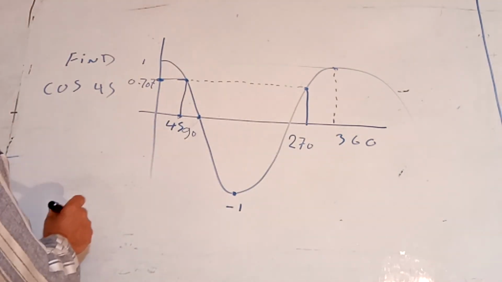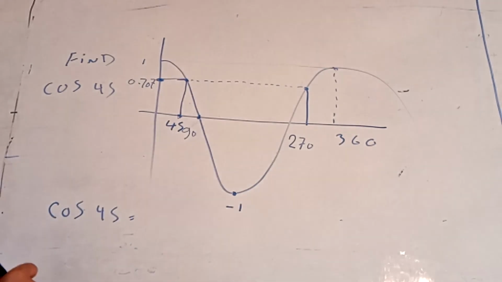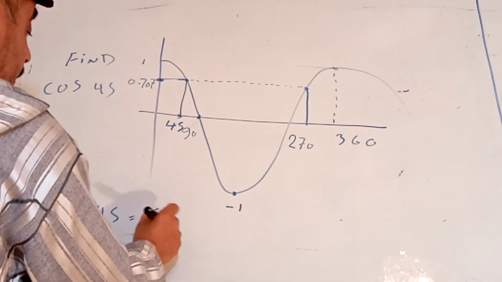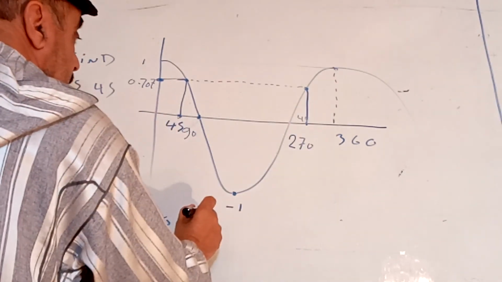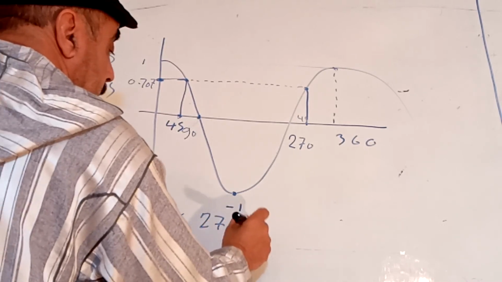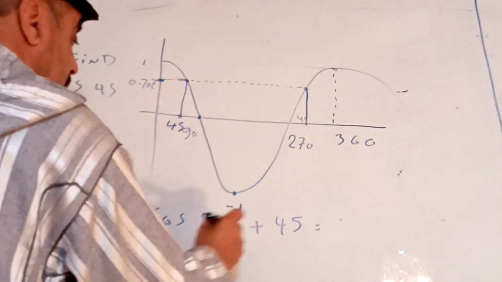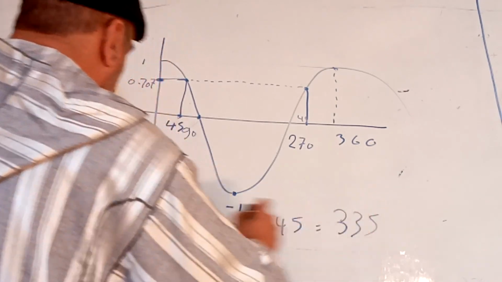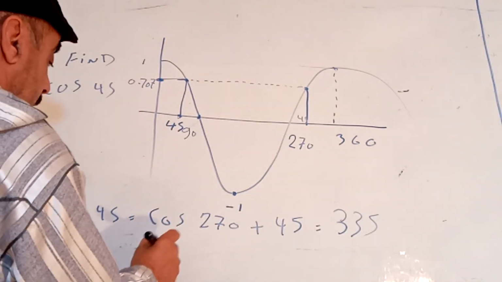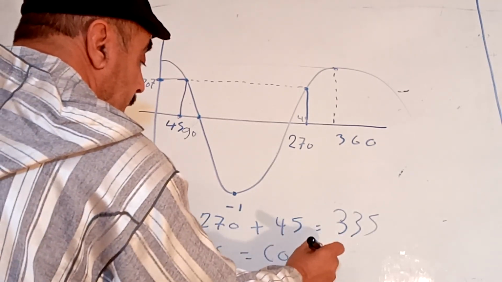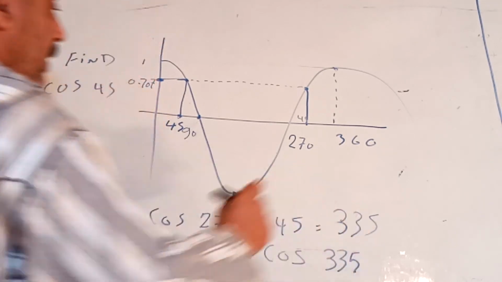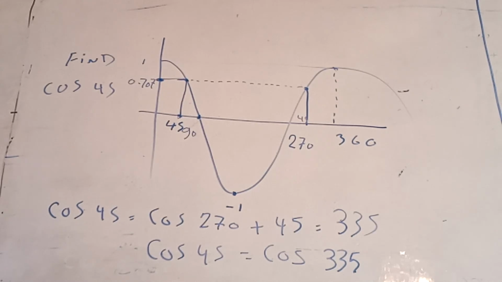So cosine 45 is equal to cosine 315. Check your calculator, please. This is the cosine curve. Thank you for now. We will continue.